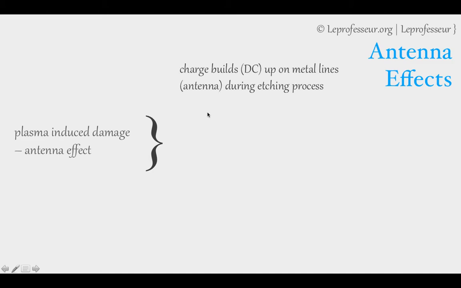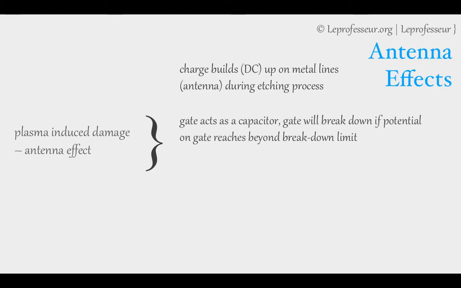So in simple terms, we can say that charge builds up, or DC builds up, on metal lines, which is nothing but the antenna during the etching process. Since the gate acts as a capacitor, the gate will break down if the potential on the gate reaches beyond the breakdown limit. Now, what is a breakdown limit?